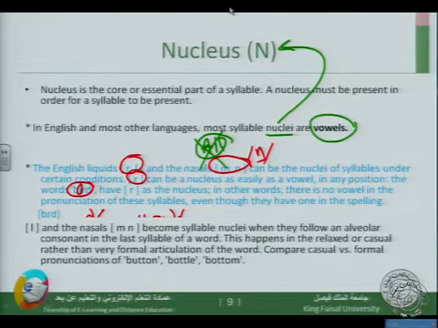For example, compare casual versus formal pronunciation of button and bottle and bottom. So here we have some examples regarding how some consonants, under certain conditions, become the nuclei of the syllables. Okay?